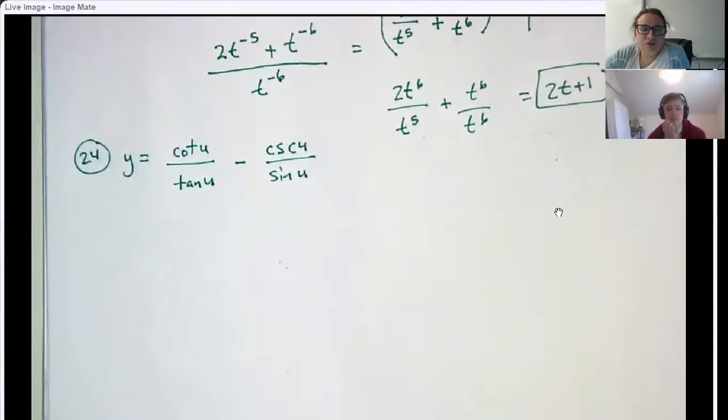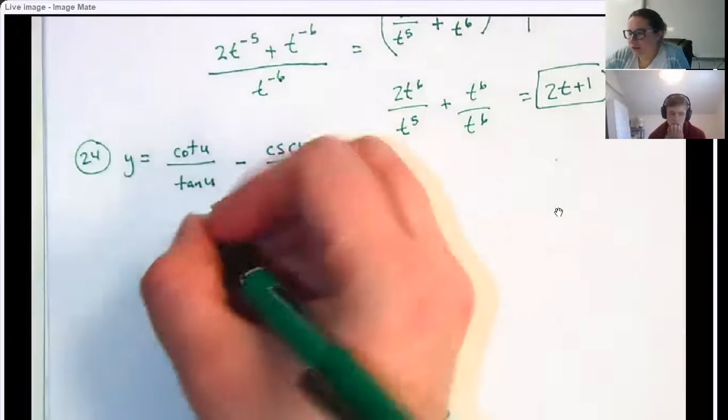Because cotangent over tangent, that'd be like x over y times x over y, so maybe that wouldn't really help. Minus cosecant is 1/sine. Well, let's just play with it for a second. Let's see what we get.